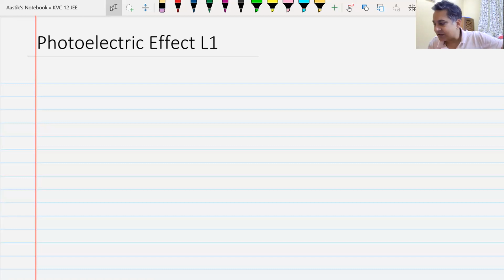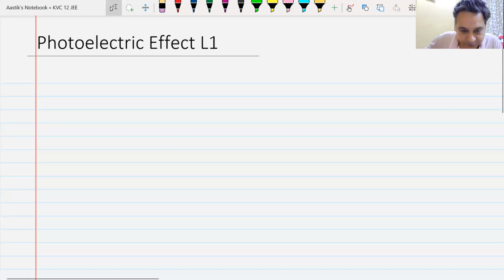But there were certain phenomena which can only be understood by the wave nature of light: interference, superposition of waves, diffraction, polarization. There is one phenomenon particularly which cannot be explained by the wave nature of light, and that is the photoelectric effect.